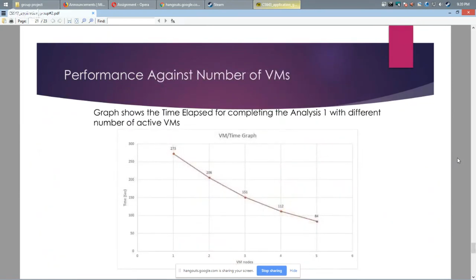We also looked at the performance as it related to the number of virtual machines that we were running. When we initially started, it was just one instance, and it came to something like 4.5 minutes of execution time. And then as we started adding instances and got up to 5, it came out to something like 1.5 minutes.